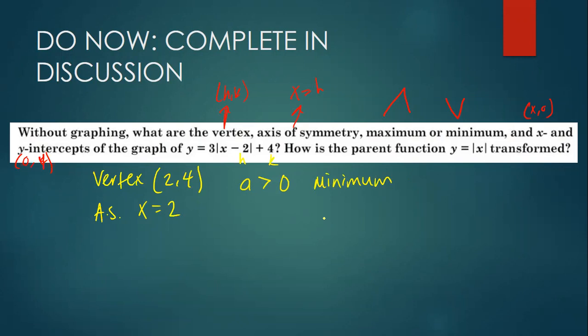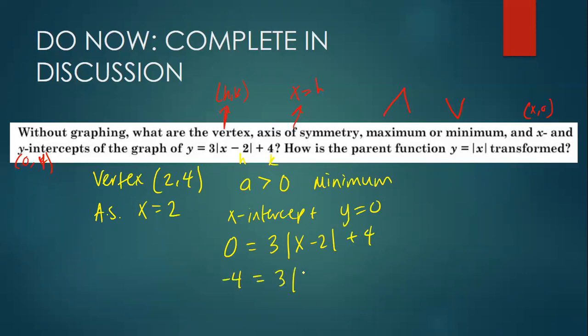And to find your X and Y intercepts, you have to substitute the values in. So to find your X-intercepts, that means we let Y equal 0. So we have 0 equals 3 absolute value of X minus 2 plus 4. We subtract 4, so we have negative 4 equals 3 absolute value of X minus 2.